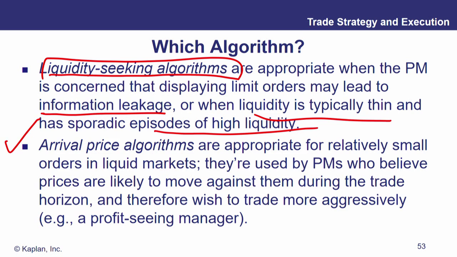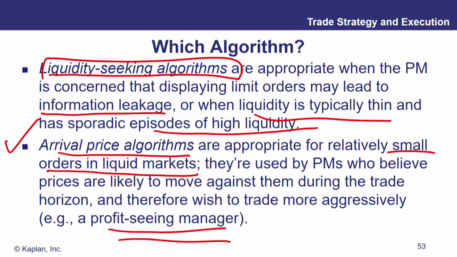Now we can use an arrival price algorithm. So what are they appropriate for? Small orders in liquid markets, and they're used by portfolio managers who believe prices are likely to move against them during this trade period, and therefore they wish to trade more aggressively.